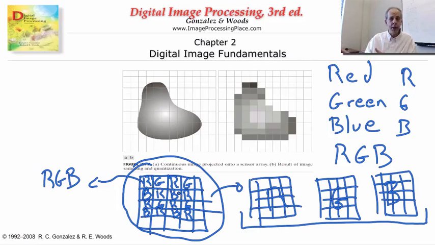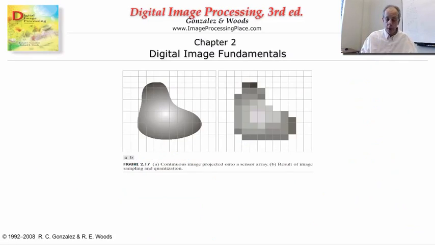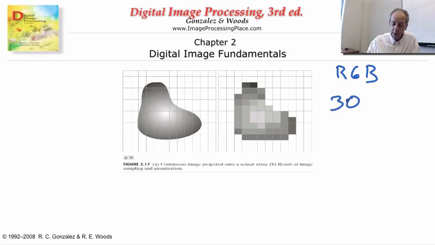Now, how are videos? So this is how you have an image in your computer. You have 3 channels, 3 arrays of 2-dimensional discrete values, 1 for red, 1 for green, 1 for blue. So what happens with videos? Videos basically repeat this. One image has red, green, and blue, and in video, you have multiple of these. For example, for 1 second of video, in some of the formats, you're going to have 30 of these.